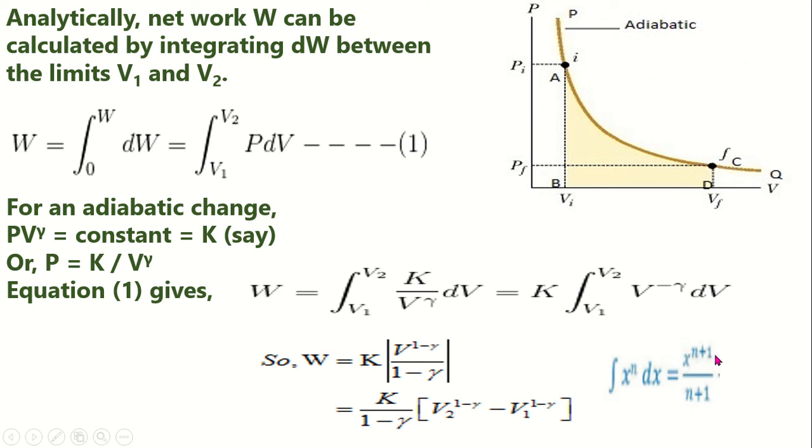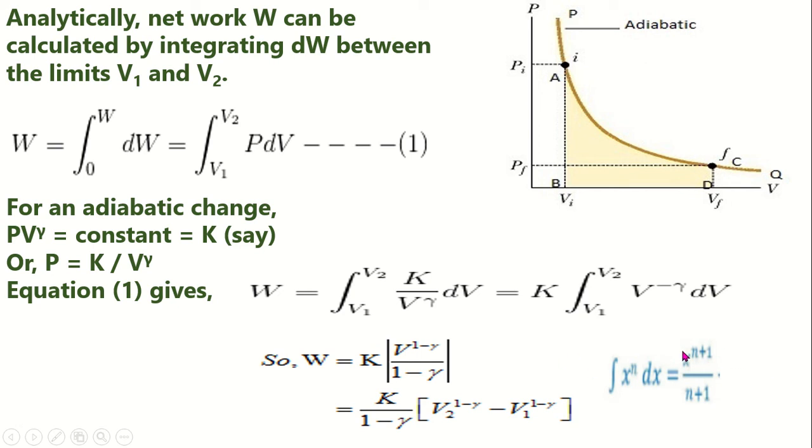Suppose here the integration of x cube dx, then what will happen? It will be x to the power 4 by 4, that means x to the power 3 plus 1 divided by 3 plus 1. So, in this way, we can integrate a function. That means the integration of x to the power n equals x to the power n plus 1 divided by n plus 1.